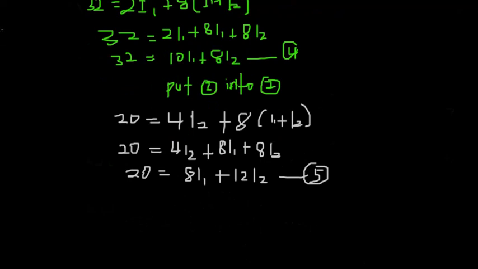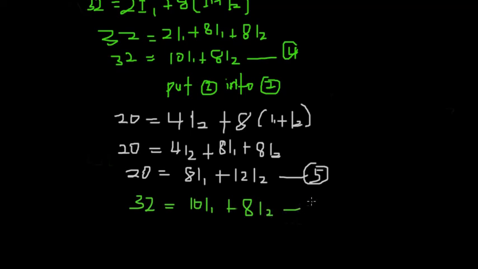Solving equations 4 and 5, we have 32 should be equal to 10I1 plus 8I2.